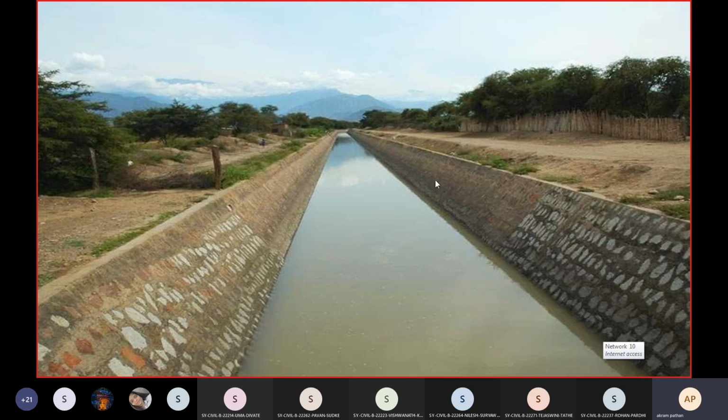In this diagram you can see a trapezoidal channel. Now if you want to measure the actual discharge, for example to supply water for crops in the field, the channel starts from the base of the dam.